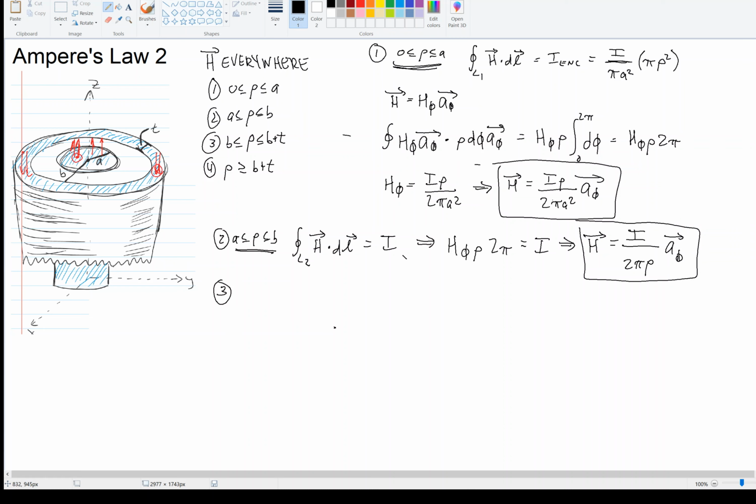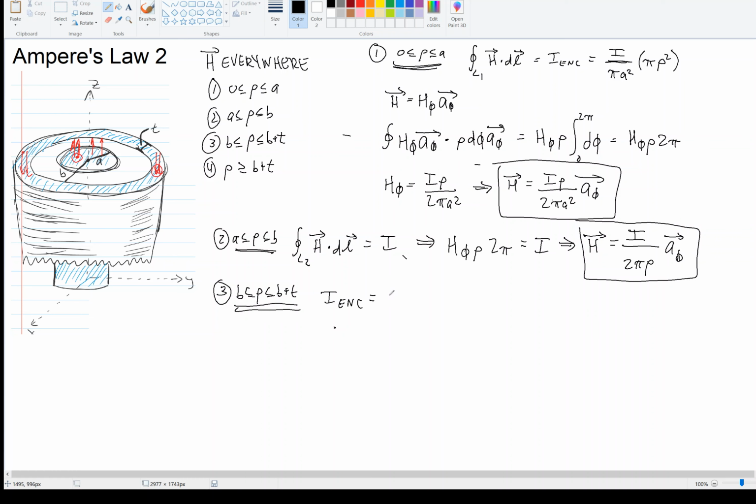Now we go to region 3, in which case rho is greater than b but less than b plus t. So we're in the second conductor now. So this is going to be similar to the first region, and we have to figure out what is the current that our path is enclosing.